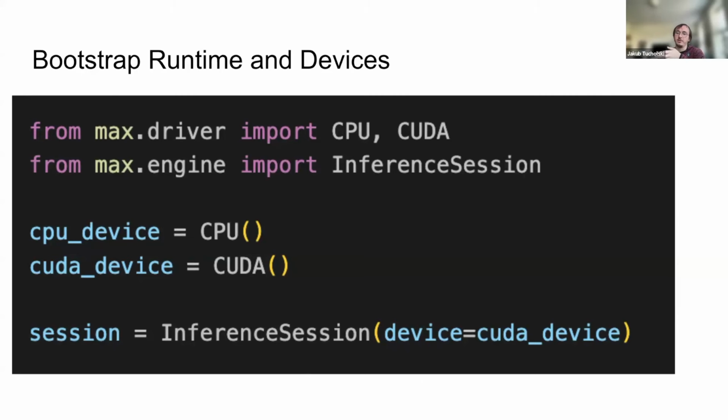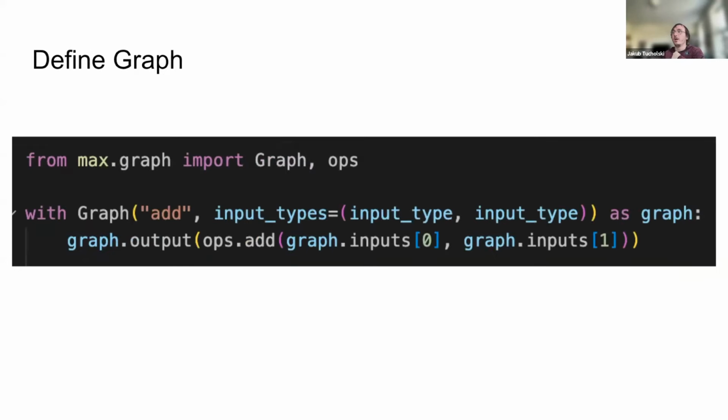What this will do is, every time we're loading a model with this inference session, it will eagerly try to compile as many ops as possible and schedule as many ops as possible on the specified device itself. So now we have the inference session set up, and we have some of the inputs and input types set up. Now we can use our Graph API in order to define this graph specifically.